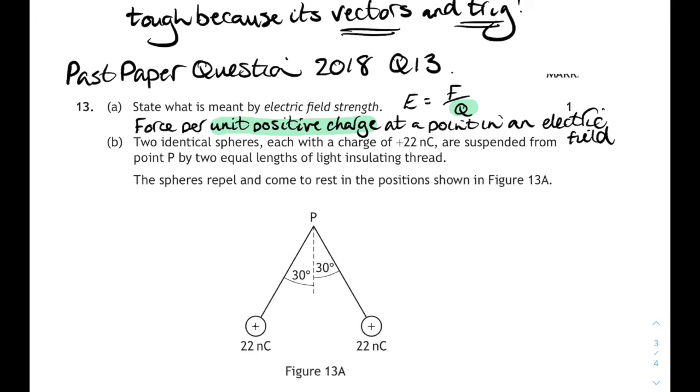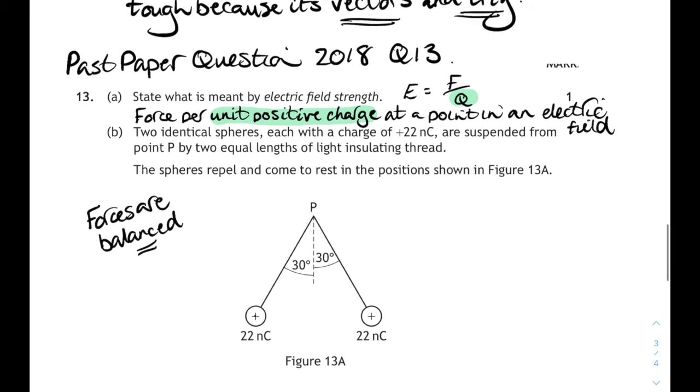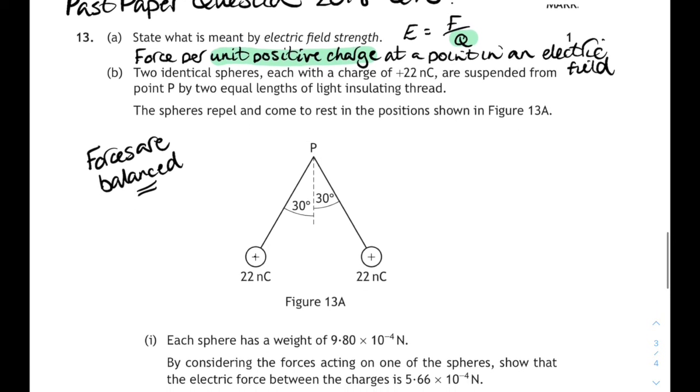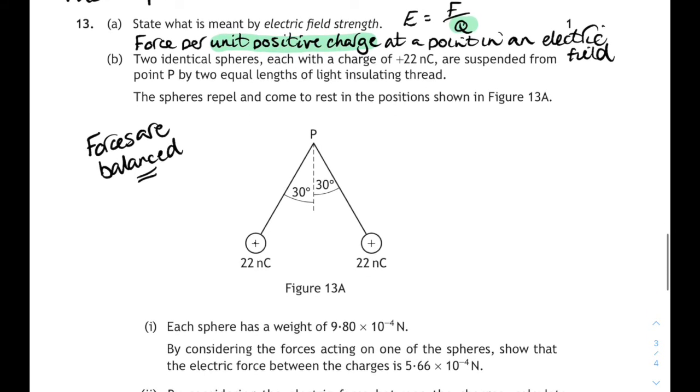Right, part B, 2 identical spheres, each with a charge of 22 nanocoulombs, are suspended from a point P by 2 equal lengths of thread, and they repel and come to rest. So if they have come to rest, the forces are balanced. So those 2 charges are at rest and they are repelling each other.